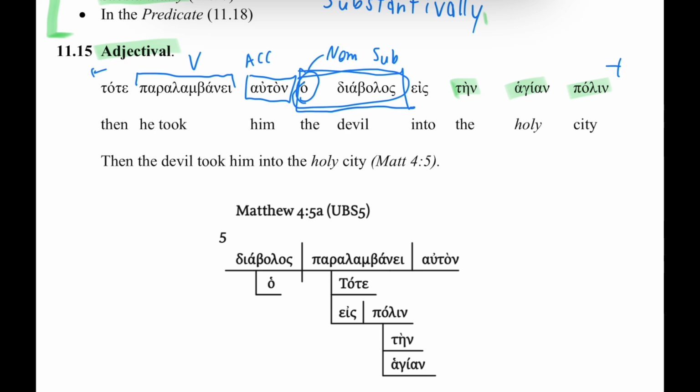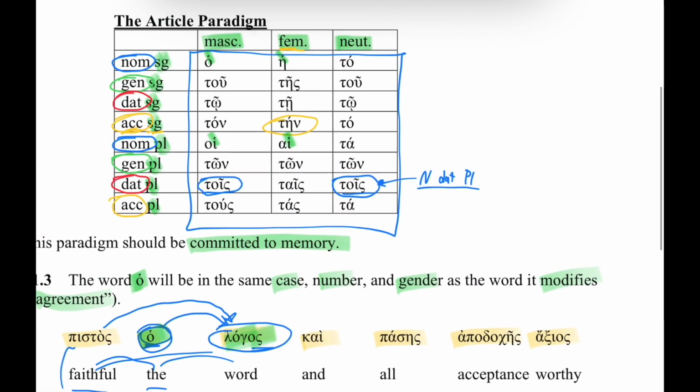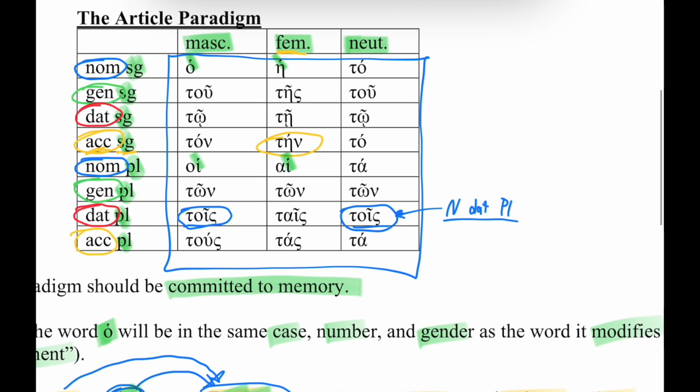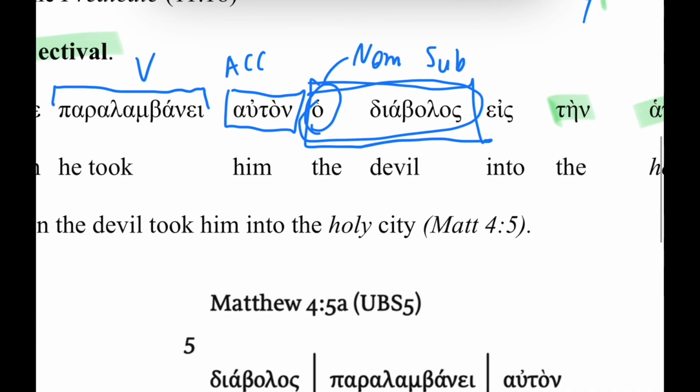But one thing I want to point out here is that you could actually look back at your article paradigm and remember, okay, the masculine singular accusative article ends in omicron nu. And you can make an educated guess that, hey, auton looks kind of similar to that ton article. I wonder if that's in the accusative. And then when you look it up, you'd find, indeed, that's the case.